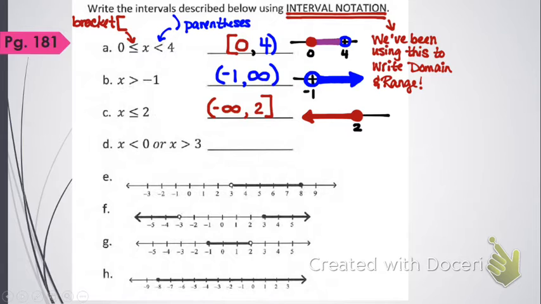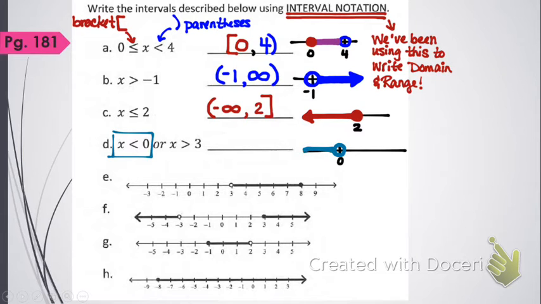Awesome. Part D is a little bit weird. Why? It has an or. It's got 2 things. Let's look at them one at a time. So let's look at this part first. So at 0, do I have an open or a closed dot? Open. And which way would I shade then?